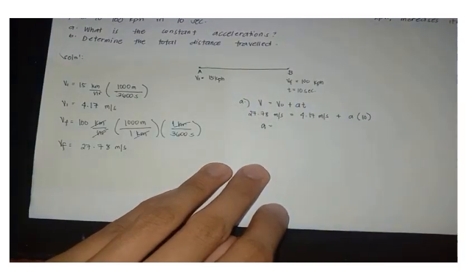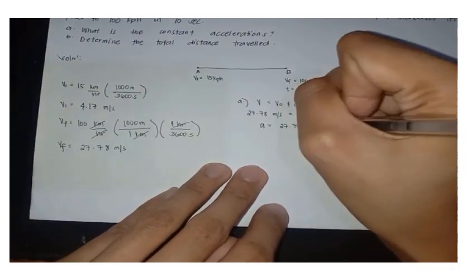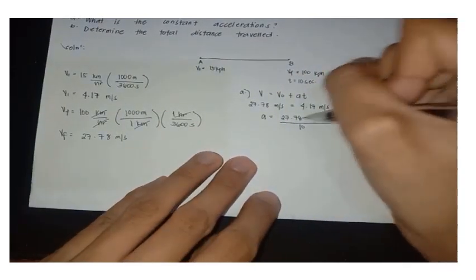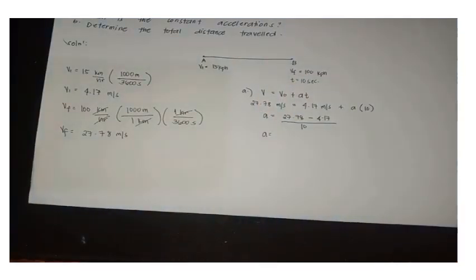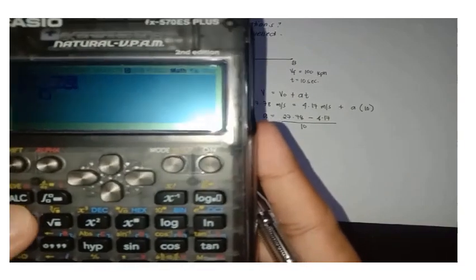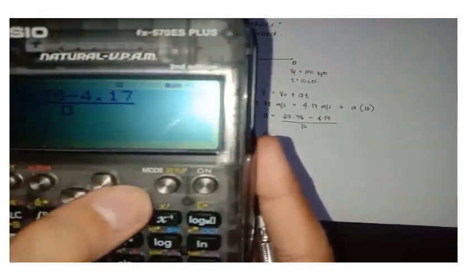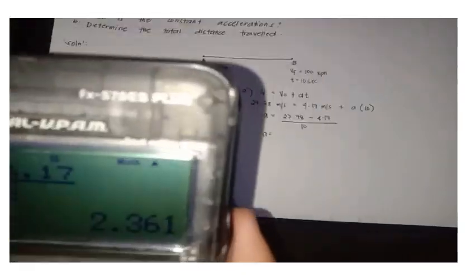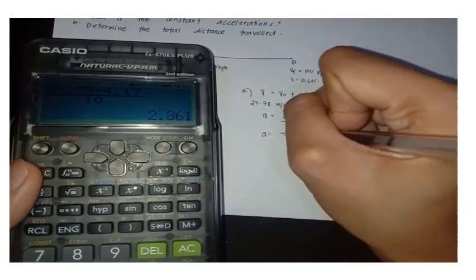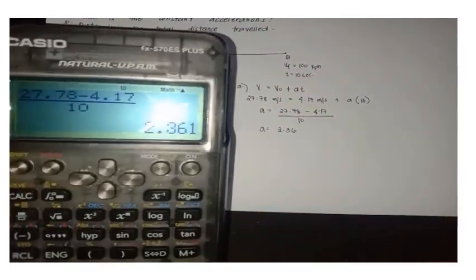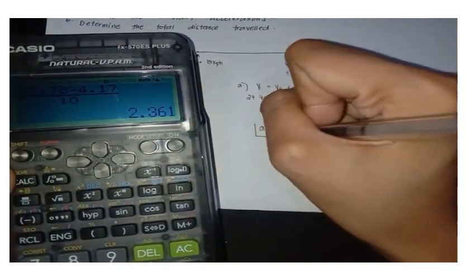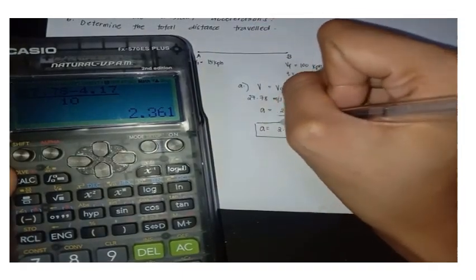So acceleration is equal to 27.78 minus 4.17 over 10 seconds, which is equal to 2.36 meters per second squared. So this is the constant acceleration.